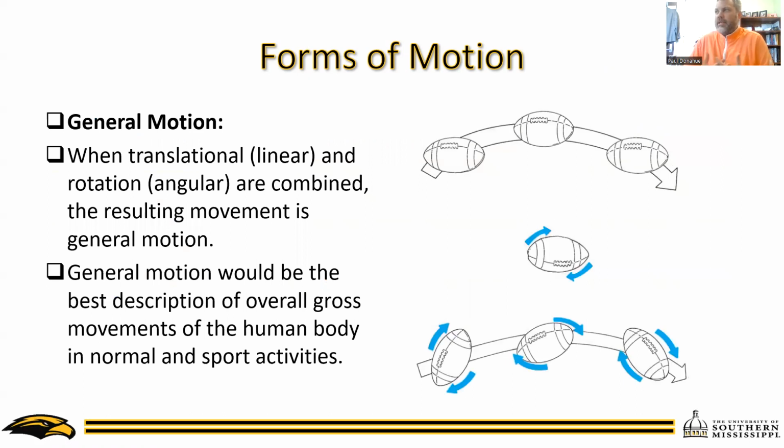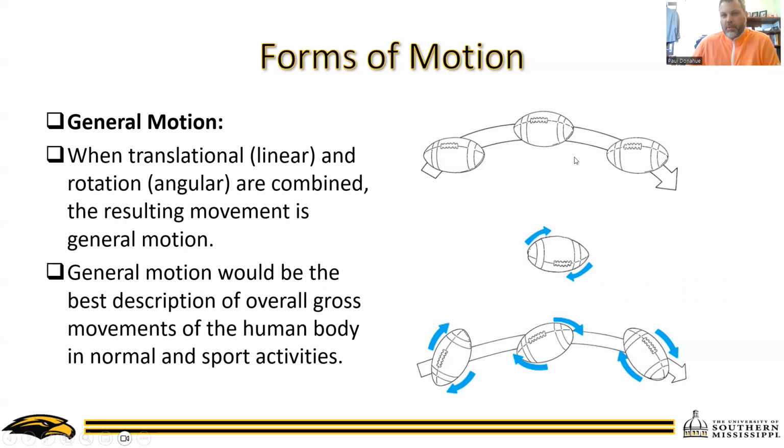And so when we put these together, what we end up having is what we call general motion. When we think about throwing a football, whether it's me throwing a football, which would be an absolute duck of a throw, or a nice tight spiral, the ball is going to have a horizontal component to it, and it's going to have kind of an arc to it.